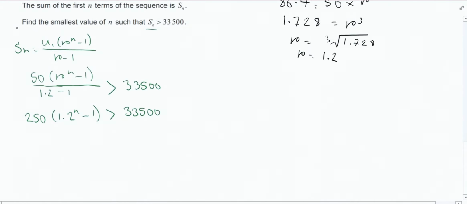Now divide 33,500 by 250, so it will be 1.2 to the power n minus 1 less than 134. If we send this minus 1 to the right side, it will be 1.2 to the power n less than 135.